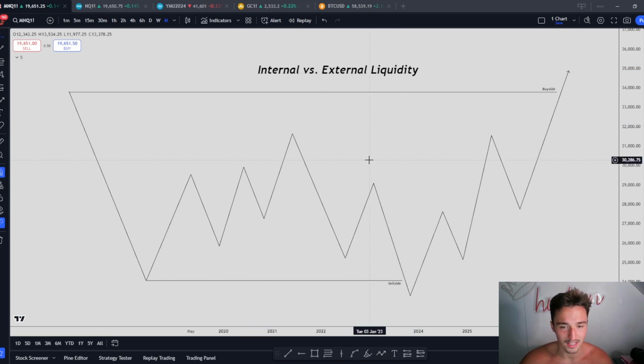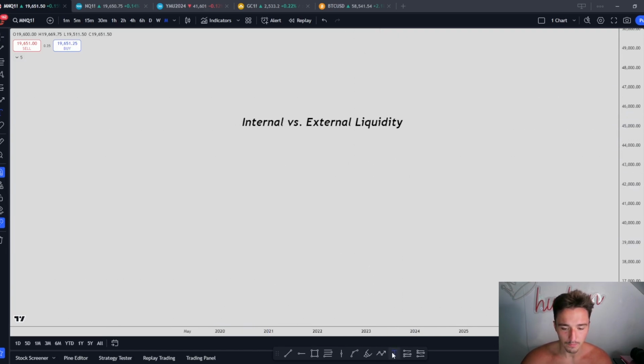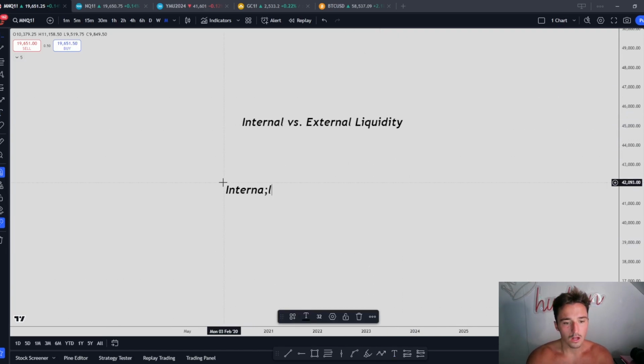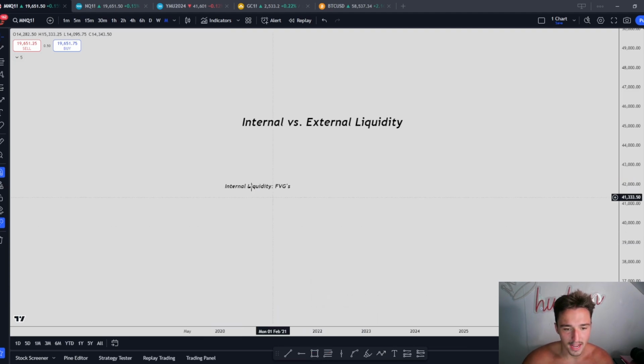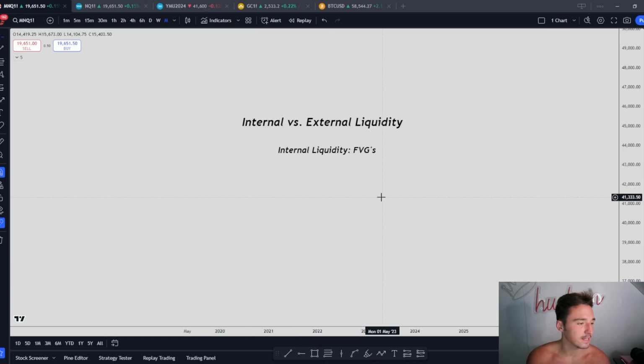So internal versus external liquidity. What is internal liquidity? Internal liquidity is fair value gaps. Whenever we have an internal liquidity pool, it is going to be identified as a fair value gap. And the thing about internal liquidity is, let's say we have a daily fair value gap.